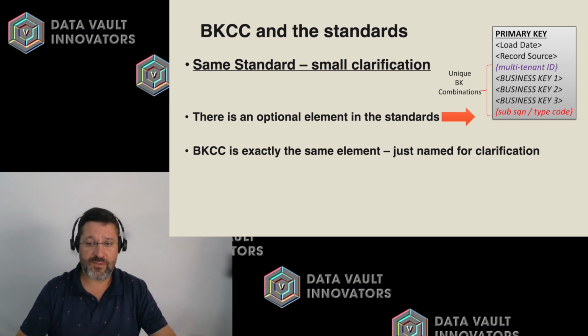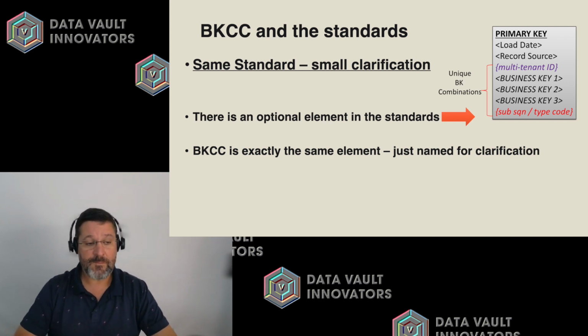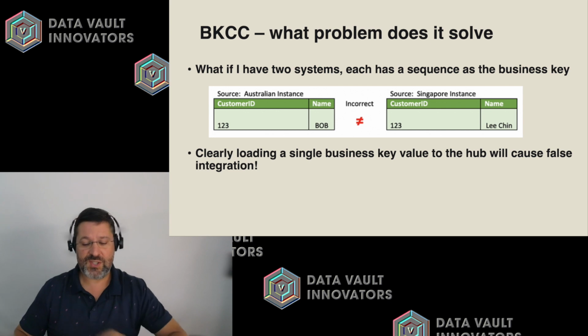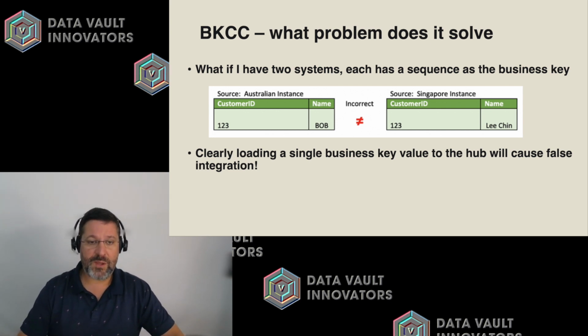Sometimes people were confused with subsequence or type code, but subsequences also appear in satellites. So to remove that particular confusion, it is now renamed as business key collision code. It helps you to govern, therefore making sure that things occur as they should, making sure we prevent false integration and ensure proper integration.